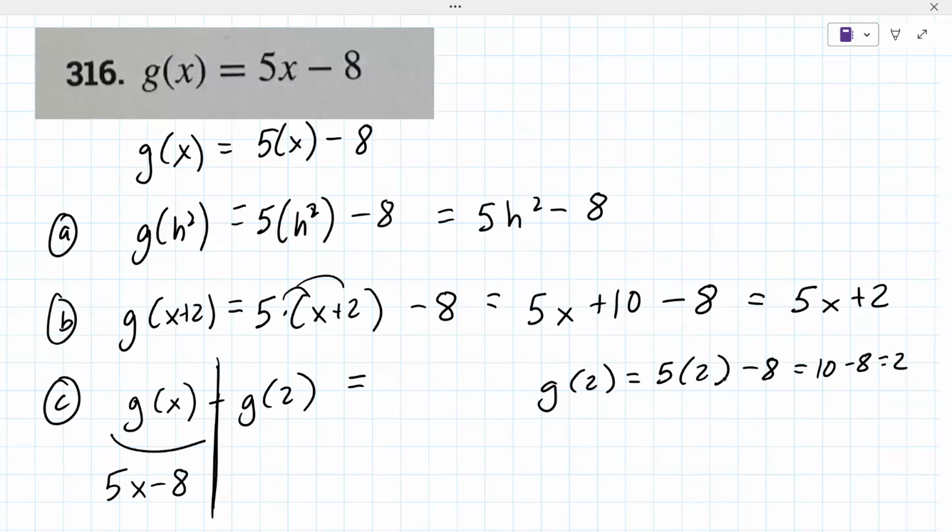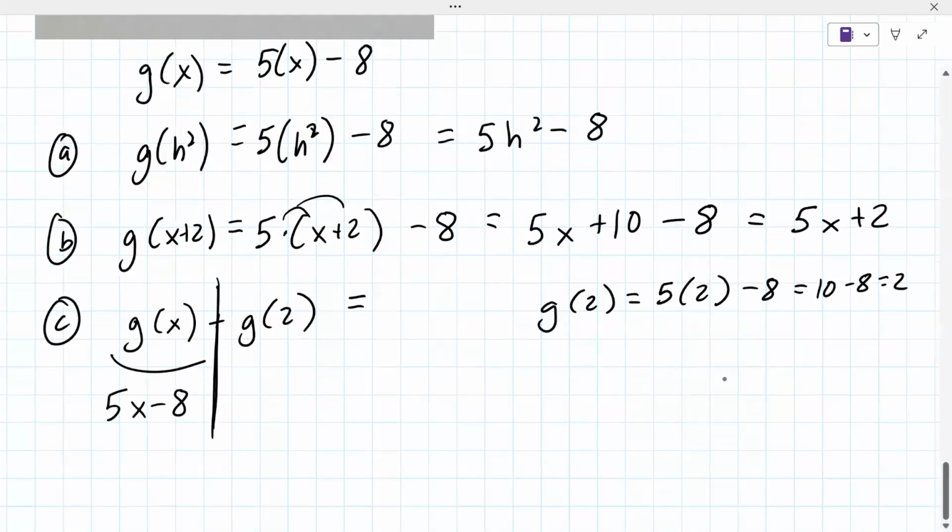Sorry, I'm just trying to follow. g of x plus g of 2 ends up being 5x minus 8 plus 2, which is 5x minus 6.